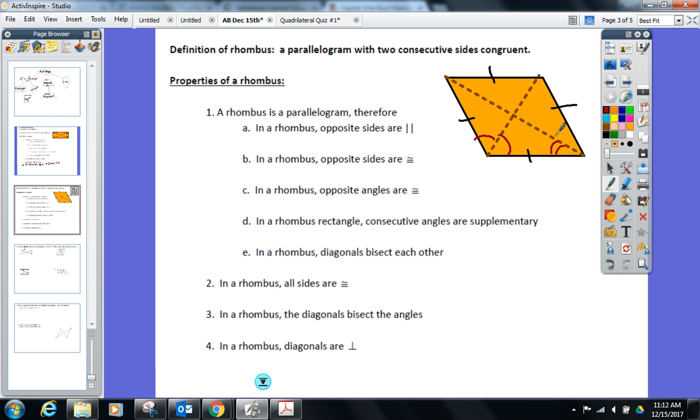Those 2 right here are congruent. Not all 4 though, but those pairs are congruent because the diagonal cuts it in half. And number 4, the diagonals are perpendicular, which means they form right angles. And that'll come into play, you'll see at the end of class when we do our last algebra problem.